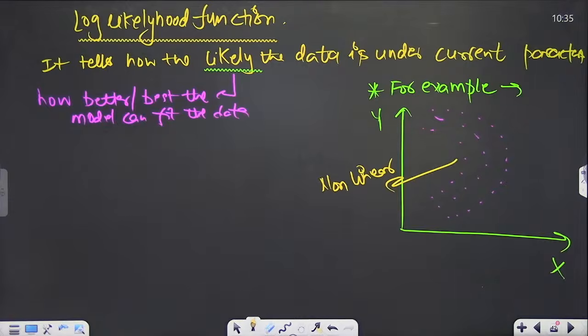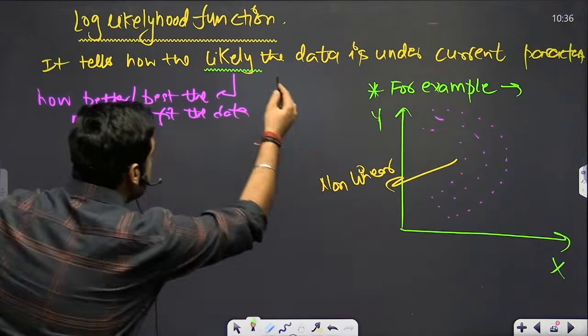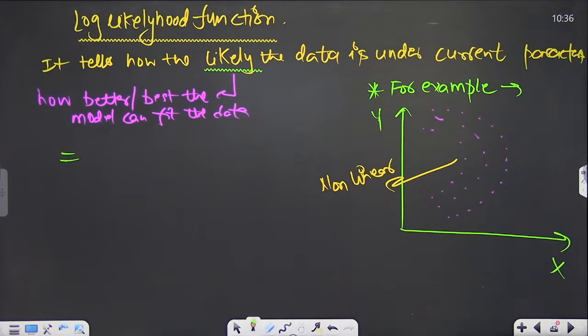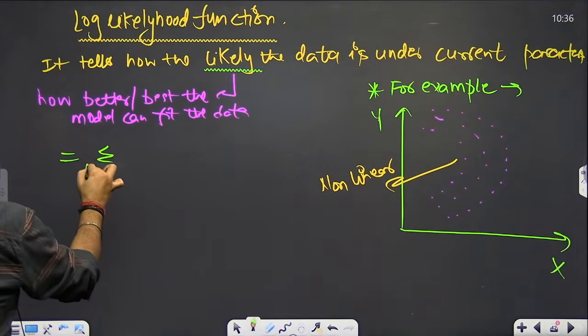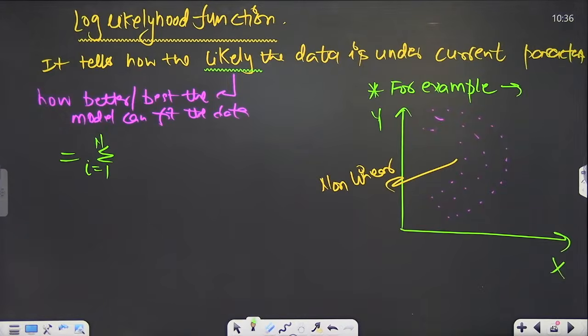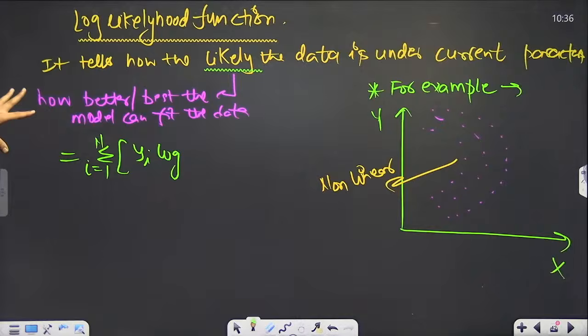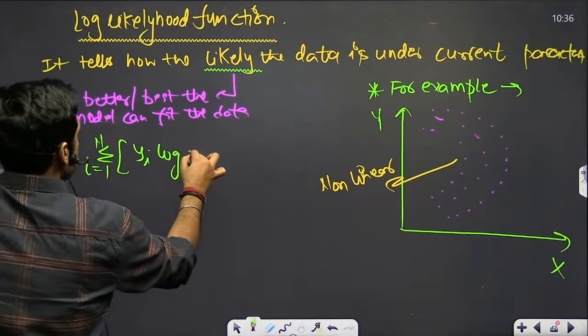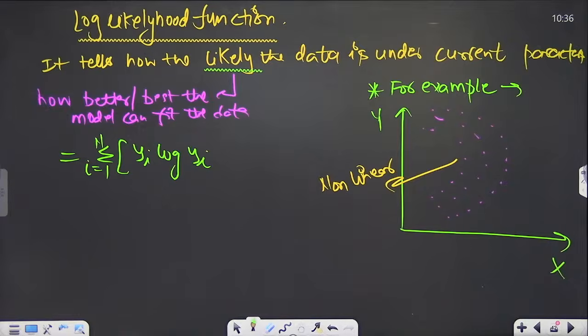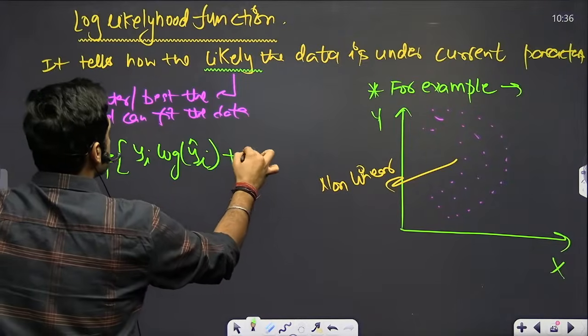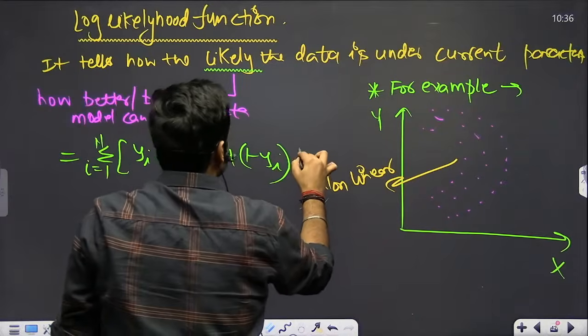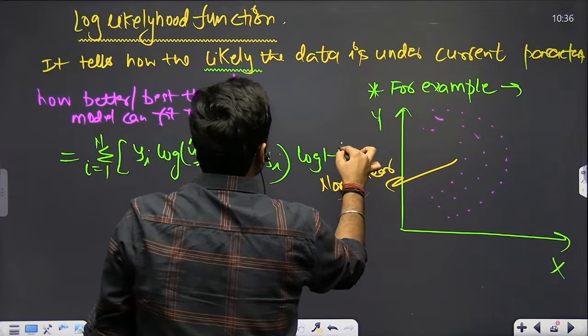Okay, for this we calculate the log likelihood function. The formula for the log likelihood function is the summation from i equals 1 to n, for all the data points which I have, of yi log yi hat plus (1 minus yi) log (1 minus yi hat).